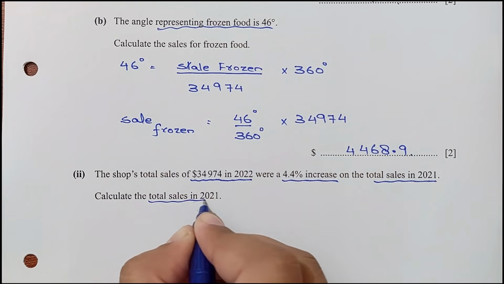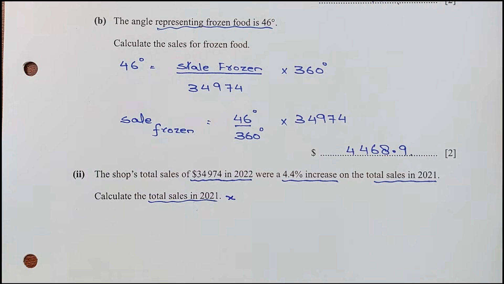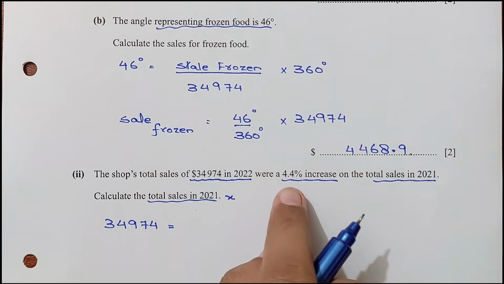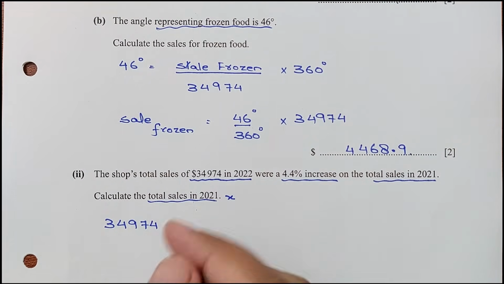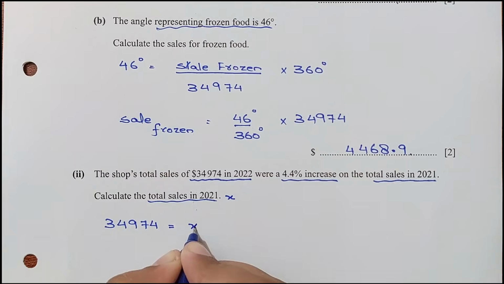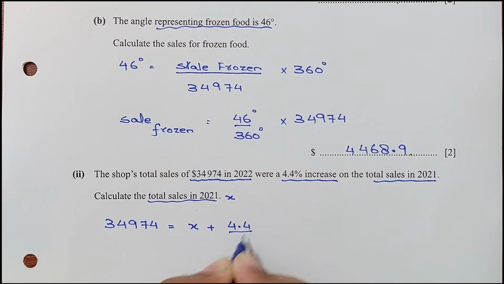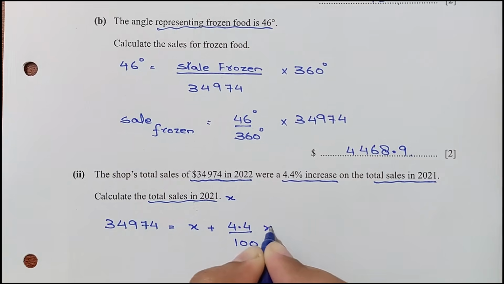Let's say the total sales in 2021 is X. We are given that the total sale in 2022 is a 4.4% increase on the total sale in 2021. So 2021 sale is X, plus a 4.4% increase in X. Okay, let's solve for X.